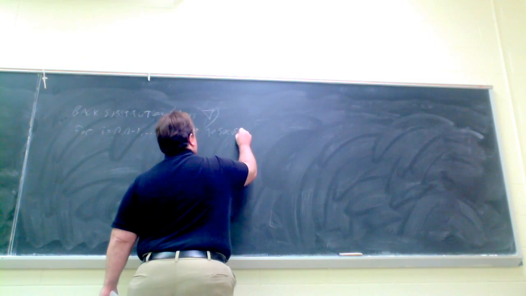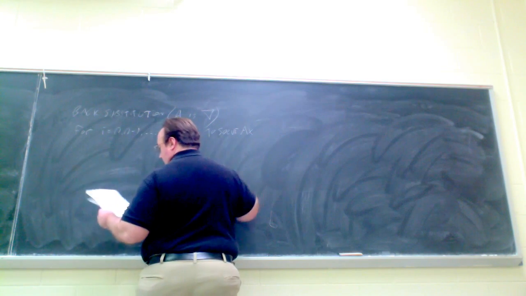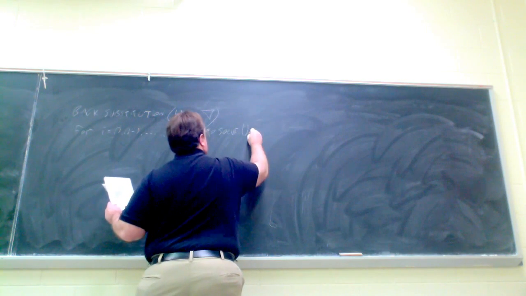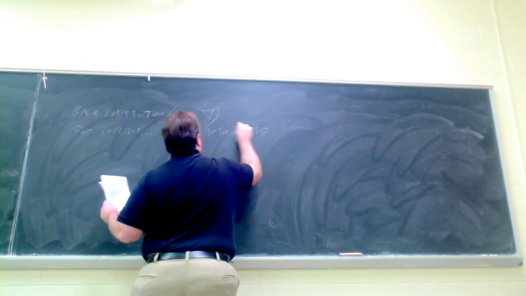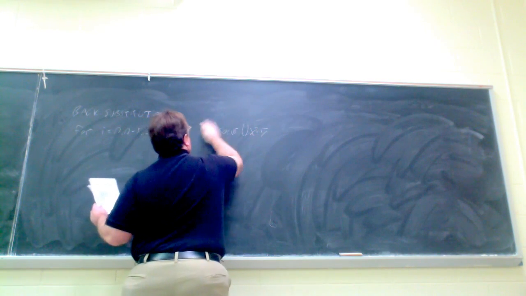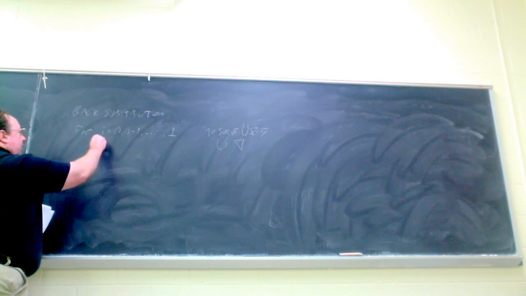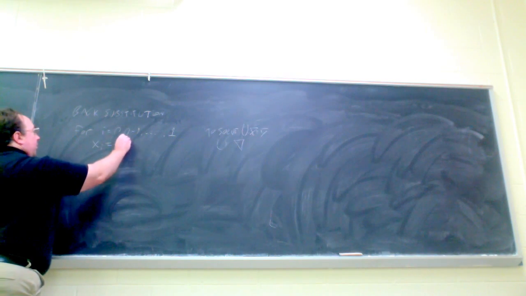Okay, I need to change my notation. Instead of Ax equals b, solve Ux equals y. U is upper triangular. So the first thing you do is you set your unknown, so trying to compute x_i, is what do you have on the right-hand side? y_i.